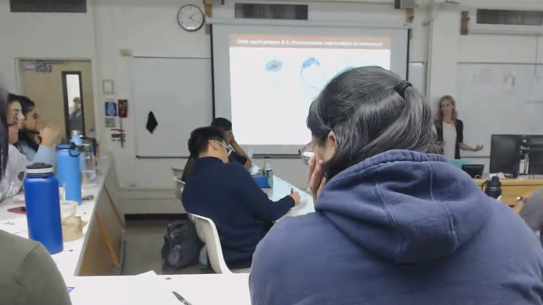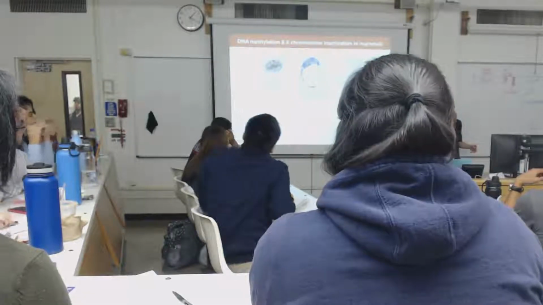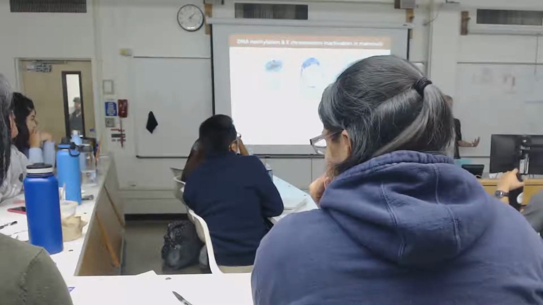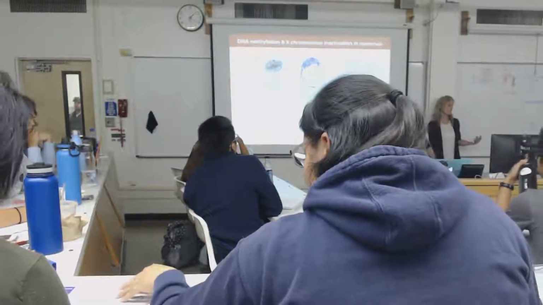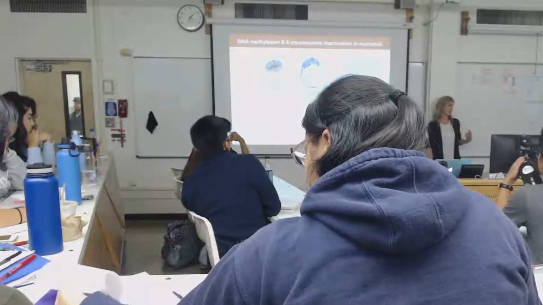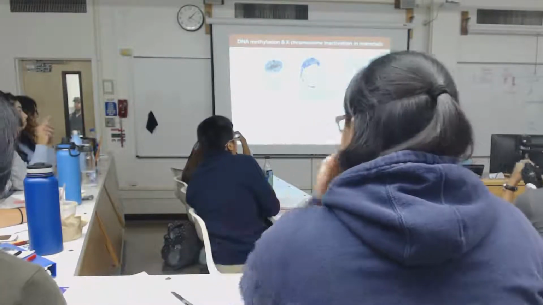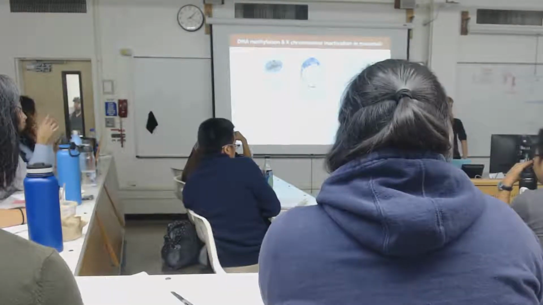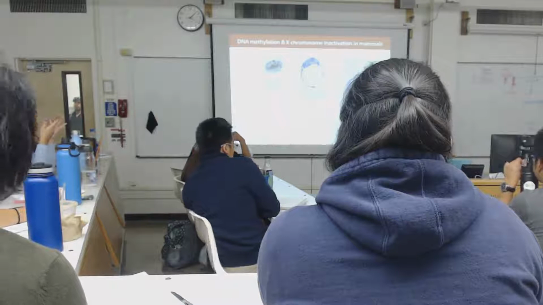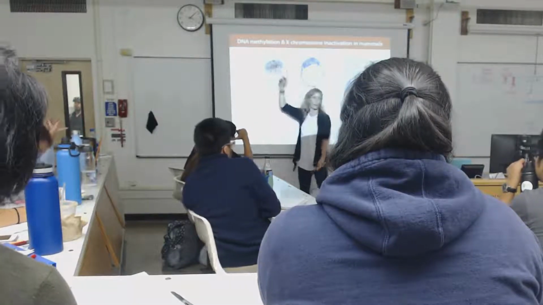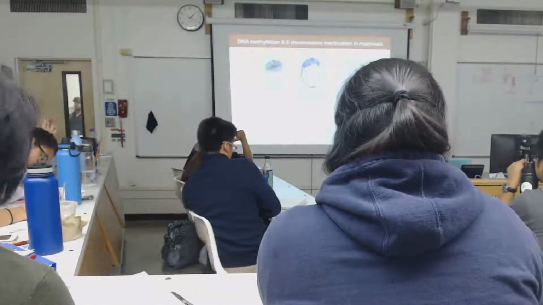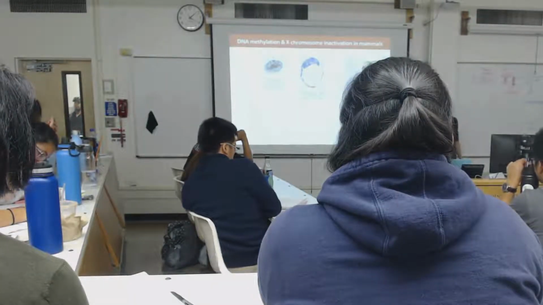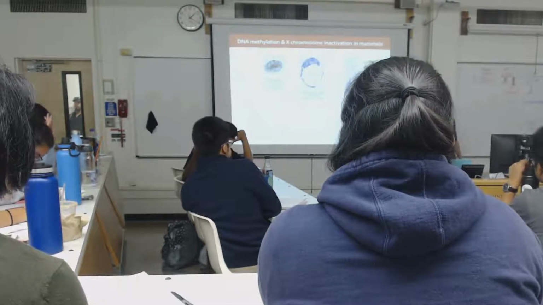So at some point in early development, in every single one of our cells, one entire X chromosome is hypermethylated, methylated from top to bottom, and it shuts off transcription of that entire X chromosome. There are a few exceptions at the very tip of the X chromosome, but largely the X chromosome is inactivated, and it condenses to form what's called the Barr body.